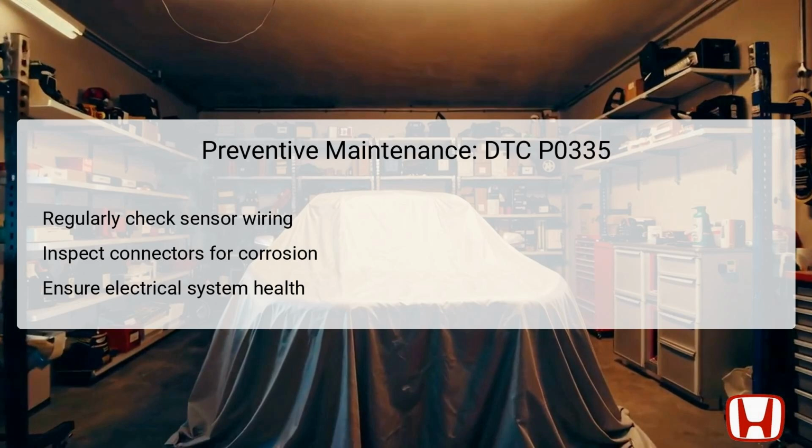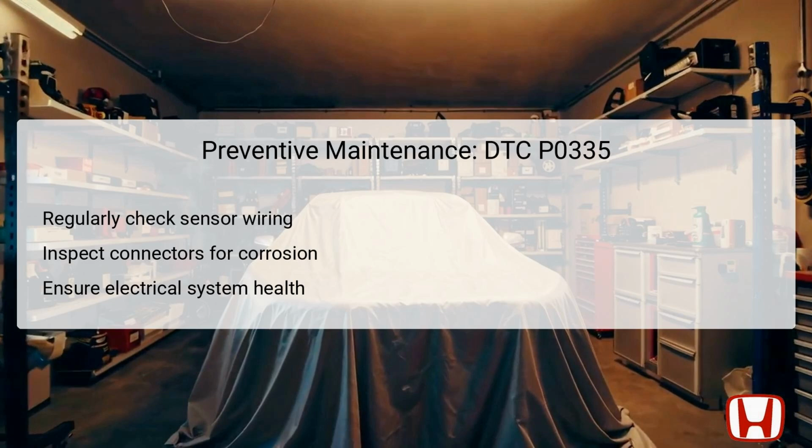To prevent encountering DTC P0335 in the future, implementing regular preventive maintenance is key. Begin by routinely checking the CKP sensor wiring and connectors. Ensure they remain secure and free from corrosion. Given that environmental factors can lead to deterioration, periodic visual inspections can help catch issues before they become significant.